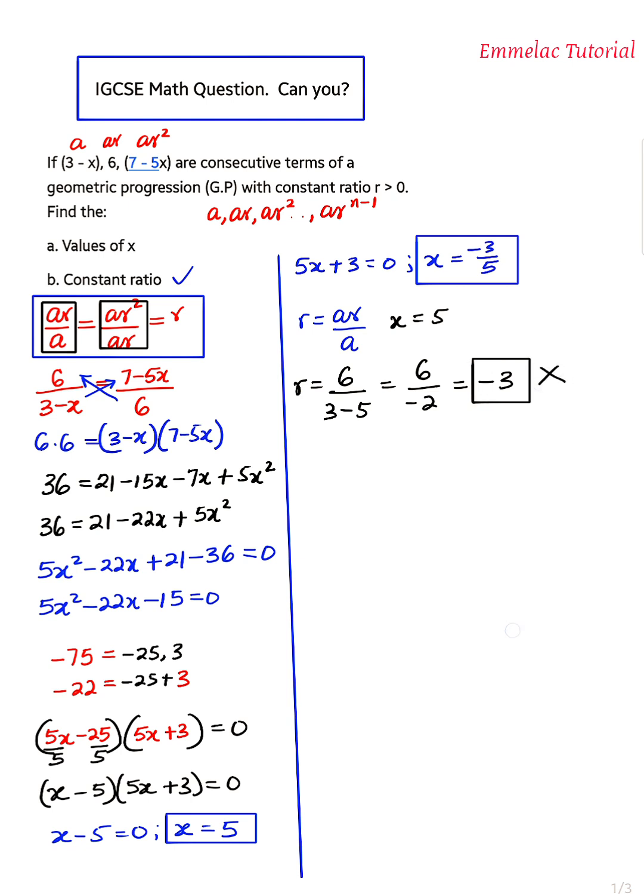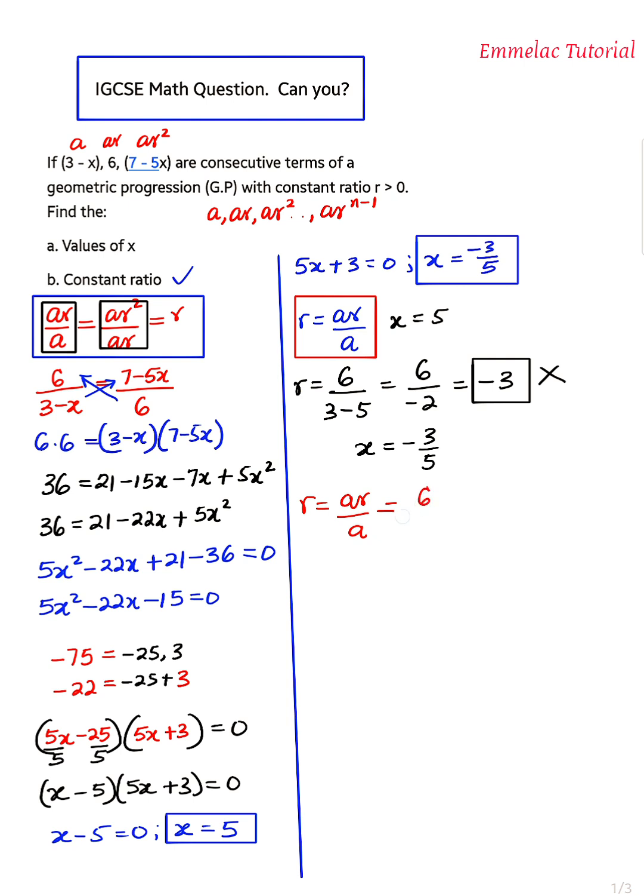Okay, so let us check when x equals negative 3 all over 5. Let's come again with this formula. So here we have that r equals ar all over a, and take note our ar is 6.